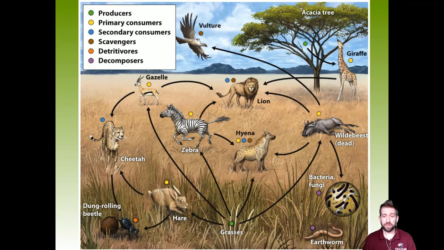Now this is actually pretty simple compared to what you might imagine in a swamp or a rainforest, where there's so many different species with so many different niches and things that eat and things that eat them. It can get extremely complex. So sometimes it is nice to take a chain out of this and just look at that, but it is also nice to see the whole picture if it's not too crazy to look at.